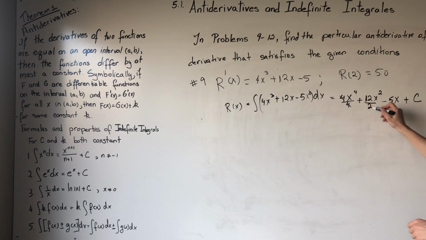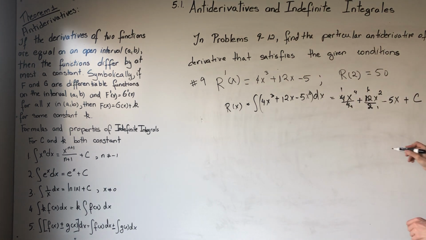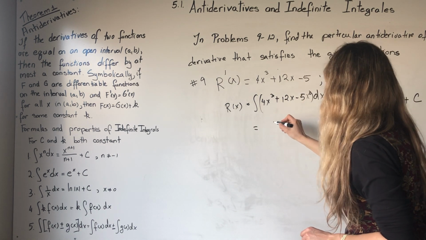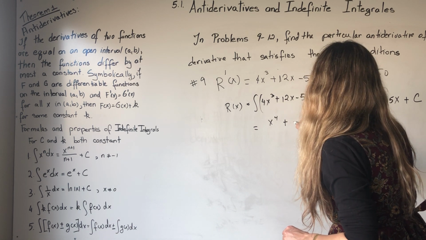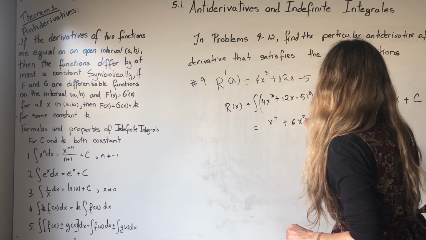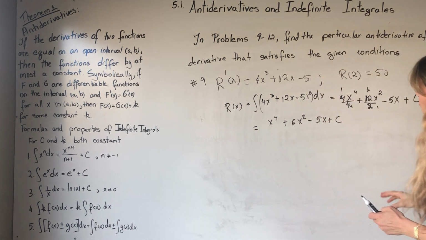Here I can simplify it a bit, so this will be equal to x to the fourth plus 6x squared minus 5x plus c.